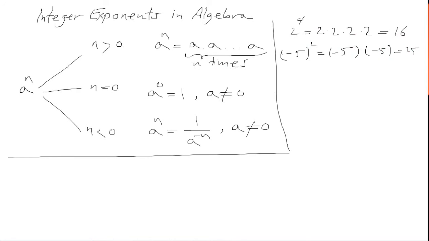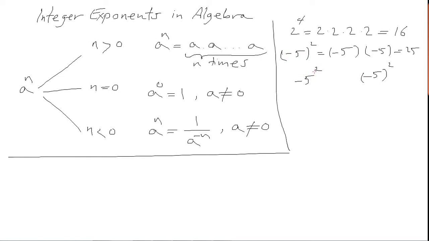Notice here that when I'm raising negative 5 to the power of 2, I am using these round braces, which is necessary because there is a difference between (negative 5) to the power of 2 and negative 5 to the power of 2.